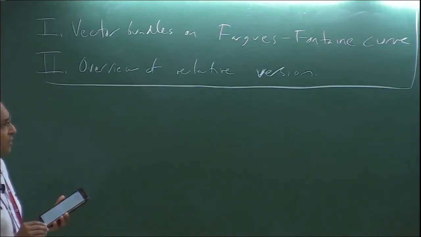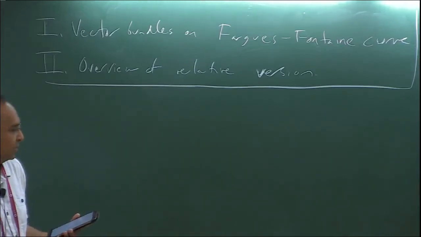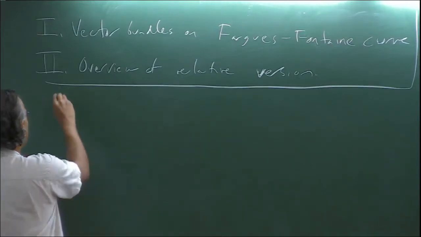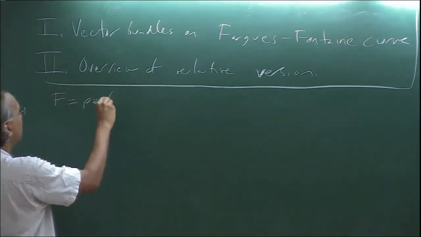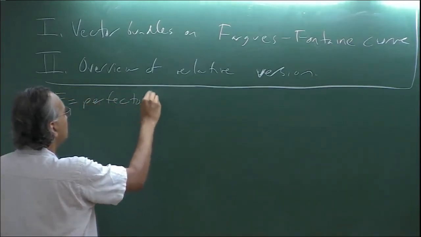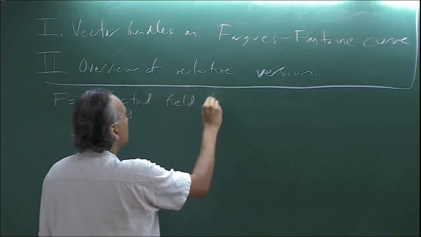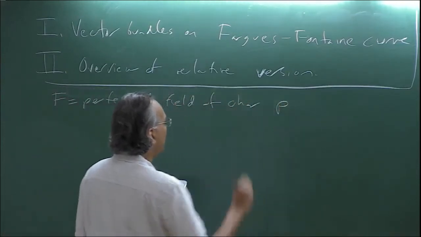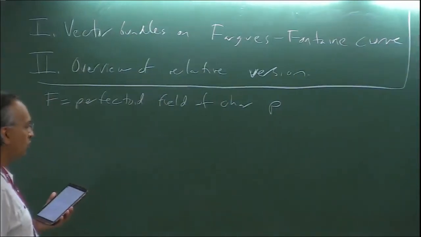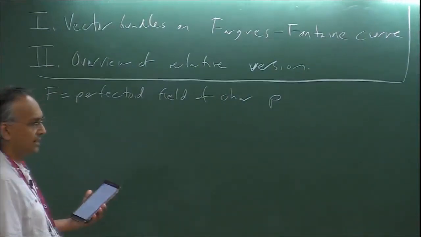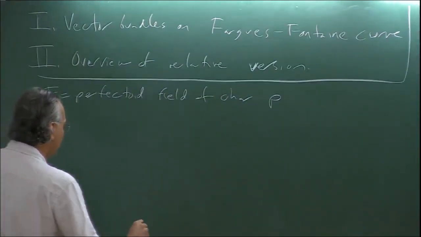So first, let me quickly recall what happened last time. I started with a perfectoid field of characteristic p, which I'll continue to call F. I defined two closely related spaces, the schematic and adic Fargues-Fontaine curves.